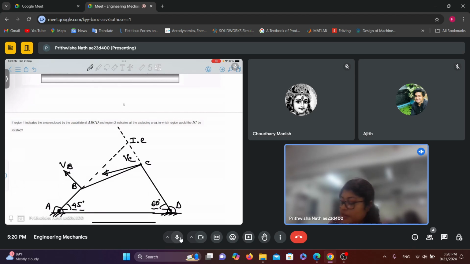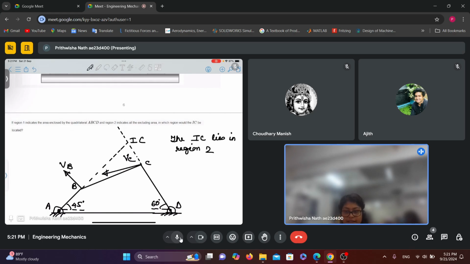So I just extended the lines AB and CD, and the point where they meet is the IC, right? So it lies outside the quadrilateral. So the IC lies in region 2.